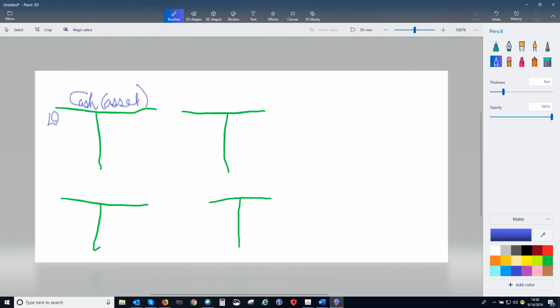So we're going to make a deposit, starts with a D, thus we are going to debit our cash account, starts with a D. When we deposit our cash, we debit our cash account. That's the way it works.